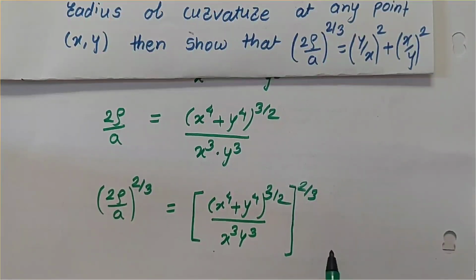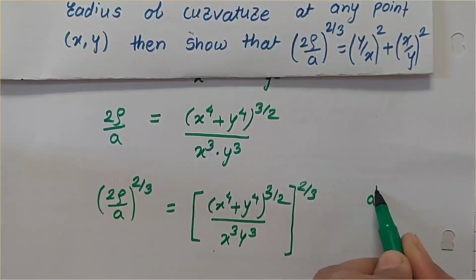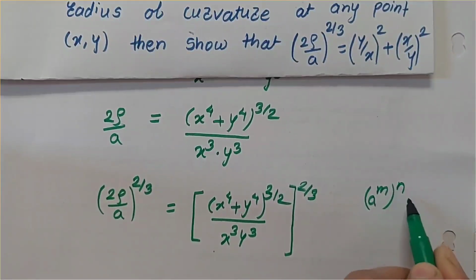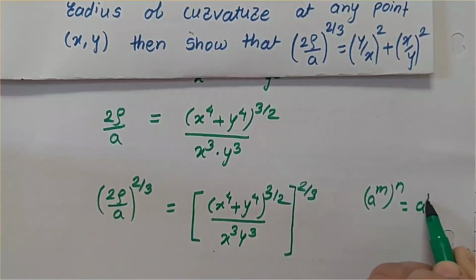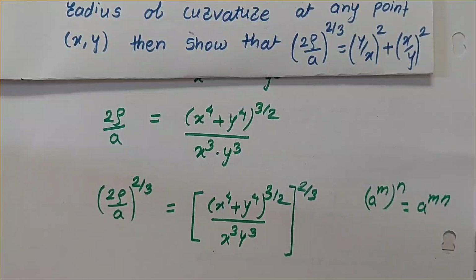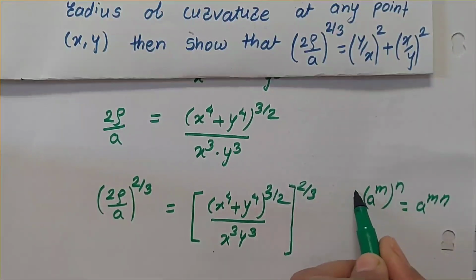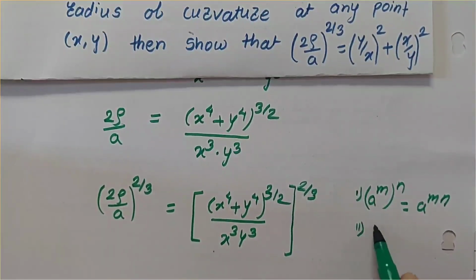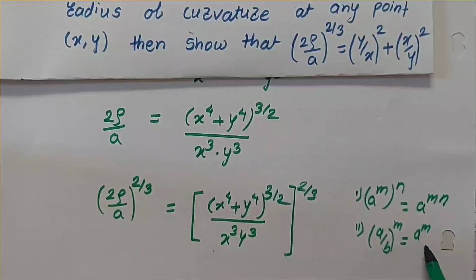And by the indices formula we know that if a raised to the power m, whole raised to the power n, then it is nothing but a raised to the power m into n. And the second formula: (a by b) raised to the power m, then we can take a raised to the power m into b raised to the power m.